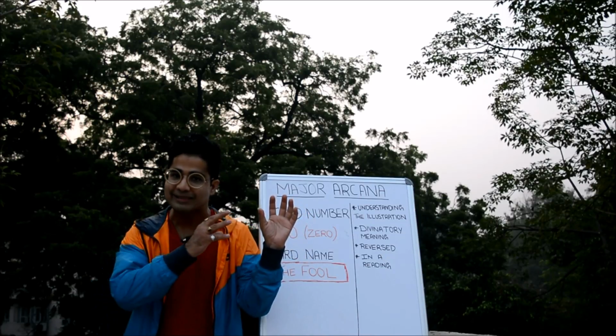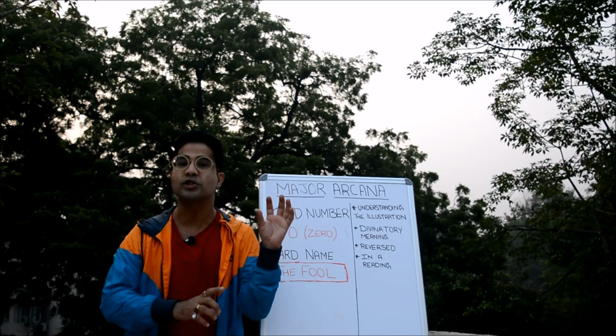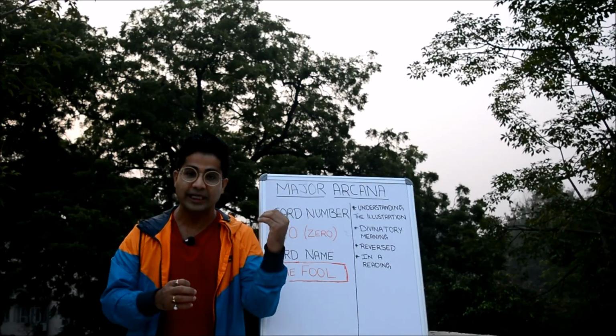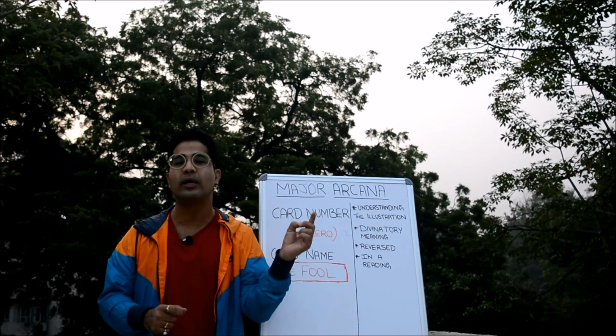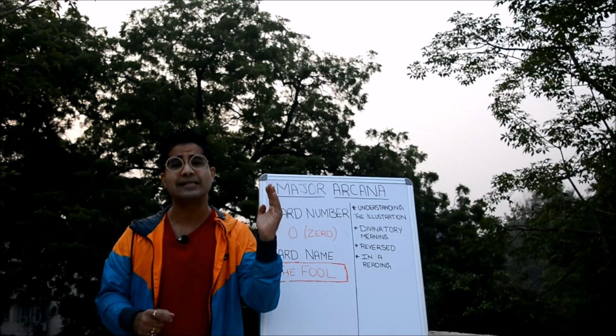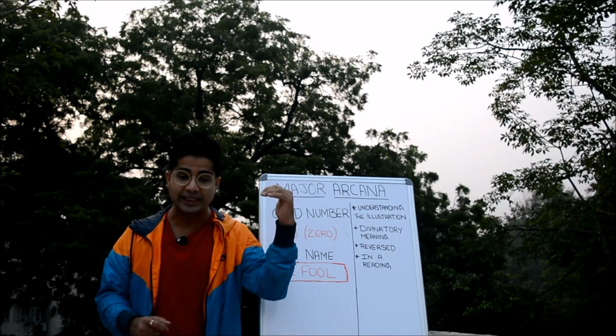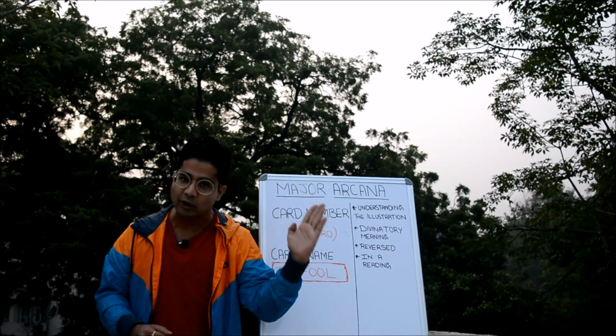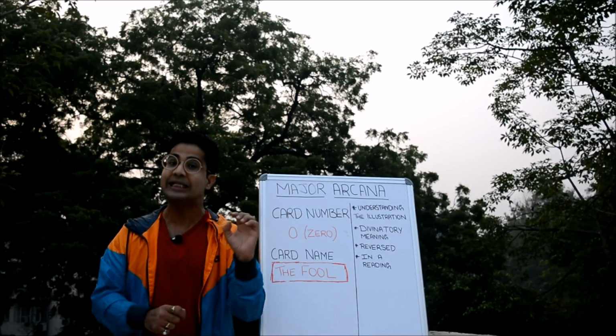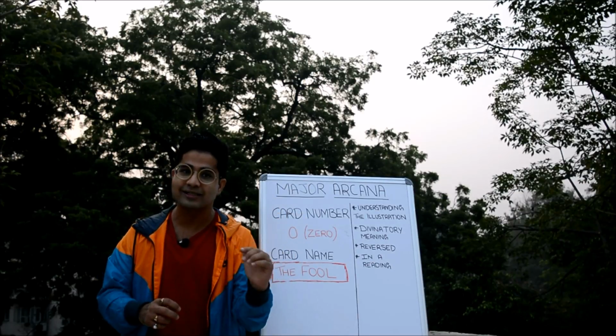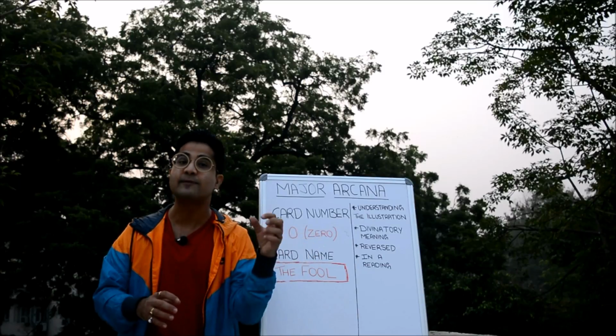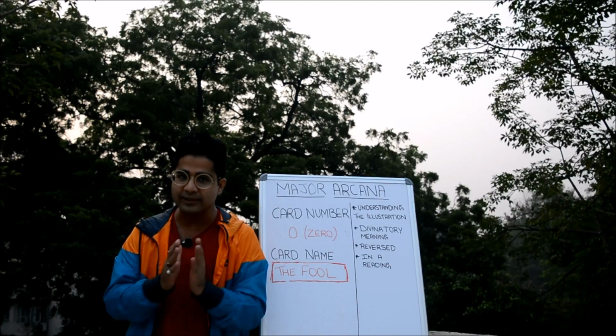So these major arcana cards tell about the journey of the soul in this lifetime, in the form of going through these 21 lessons which the soul needs to go through in each incarnation before attaining wholeness and fulfillment. And these 21 soul lessons can also be termed as different experiences of life. So we'll try to understand that.